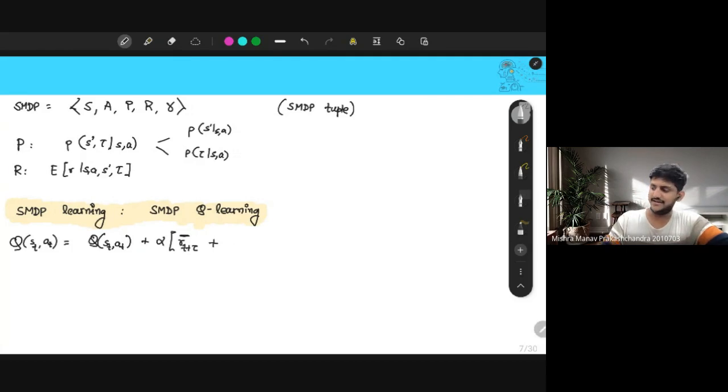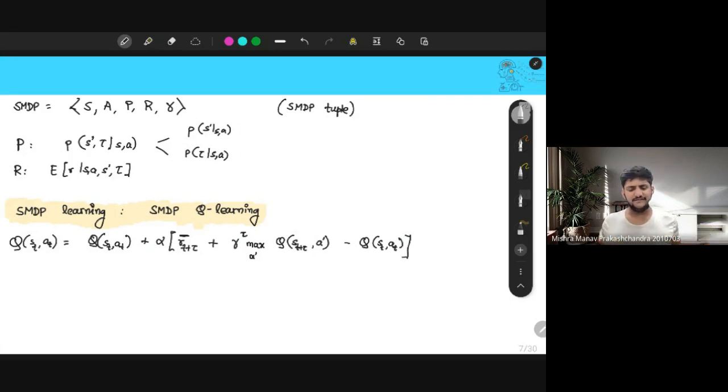Then we have the gamma parameter, characterized by the time tau, because if it takes tau steps, I need to discount it by the appropriate gamma power. And we have max over a prime of Q of s_{t+tau}, a prime, minus Q of s_t, a_t.